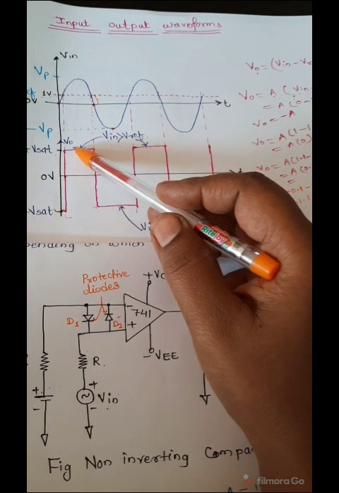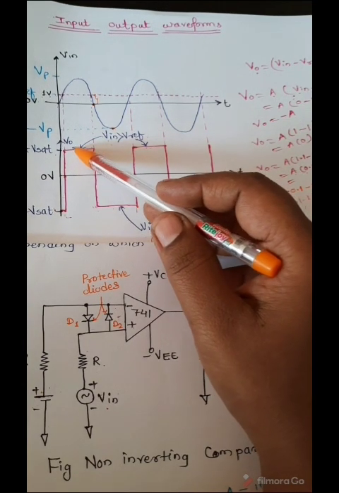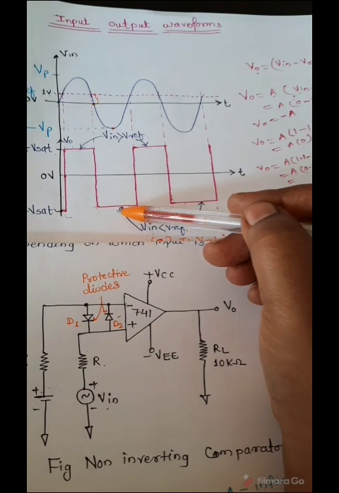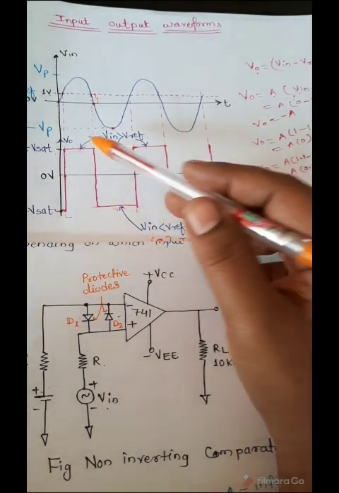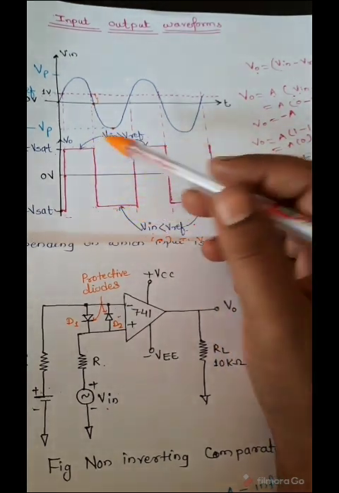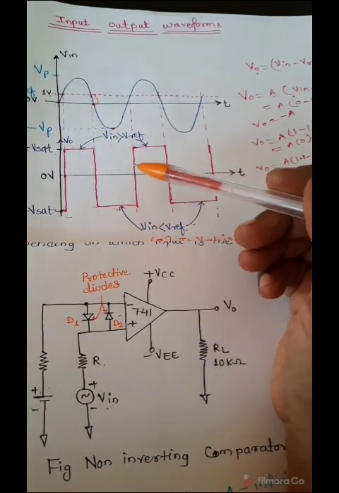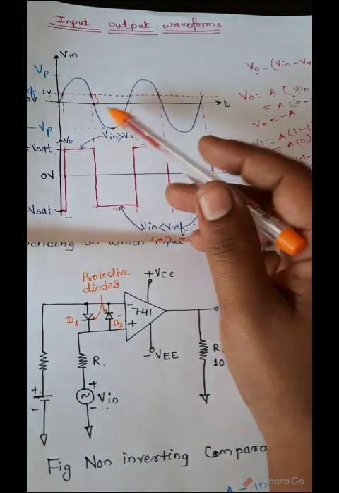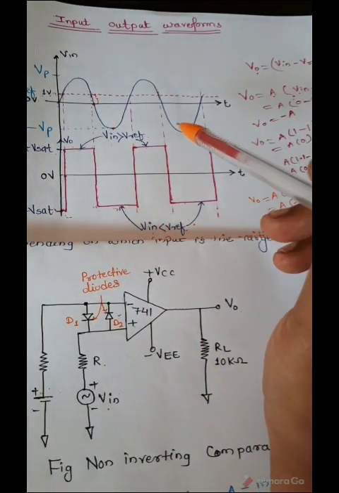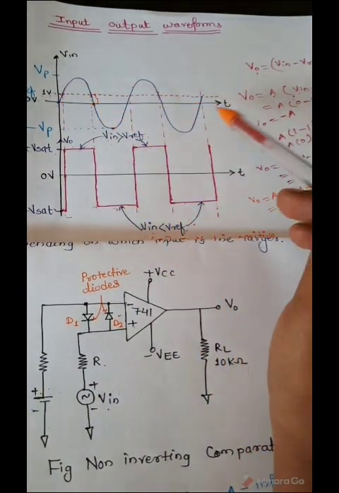We can say this is 1 and this may be called 0. So only two output states will be there, 1 0 1 0, or plus saturation or minus saturation, and the input is an analog input, which has the instantaneous input signal that we have provided here.